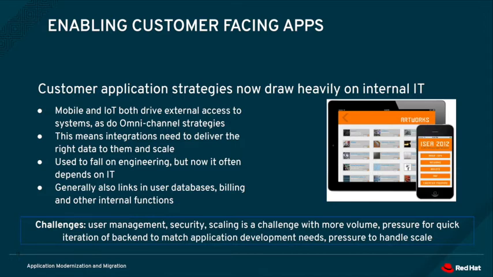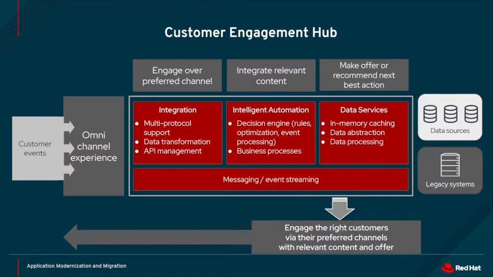I may want to go a little bit deeper into one example related to that, which is the customer engagement hub. So there are customer events which are happening on one end. Depending upon those customer activities, some events are triggered and there is a need to integrate with various other interfaces with different protocols, collect that data, transform it as needed, have some kind of an intelligent system that uses business rules to create an appropriate response or trigger an appropriate process or task, and a data handling mechanism that works with a data flow.